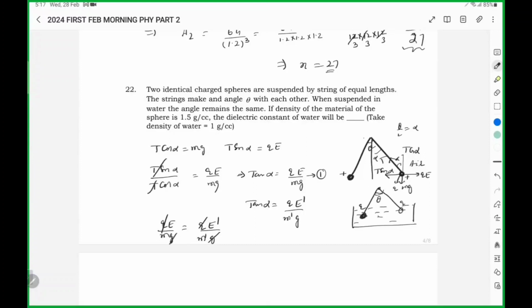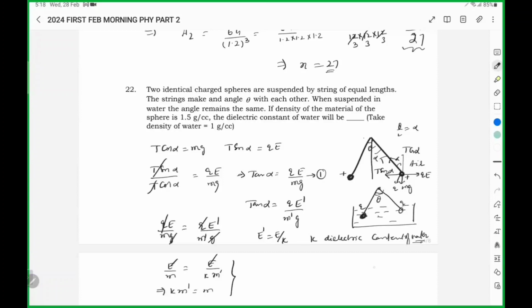So E dash will be, because here it is E by K, K is dielectric constant of water. So it becomes E by K, m dash, which implies K m dash is m.